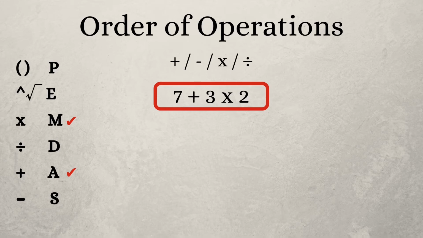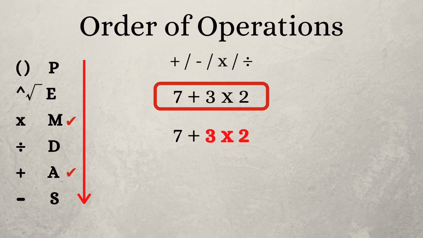Now, these two operations have different levels of importance. First, we need to compute the multiplication before we do the addition. So 3 into 2 is computed first to give us the answer 6, which is then added to 7 to give the final result of 13.